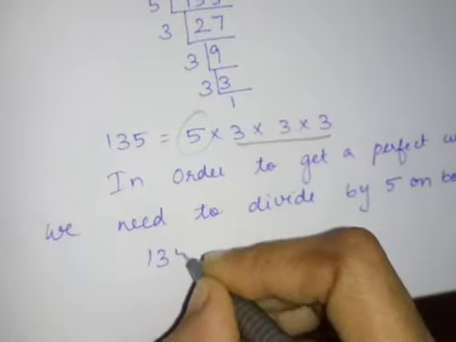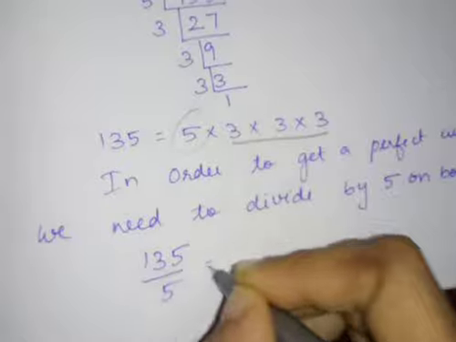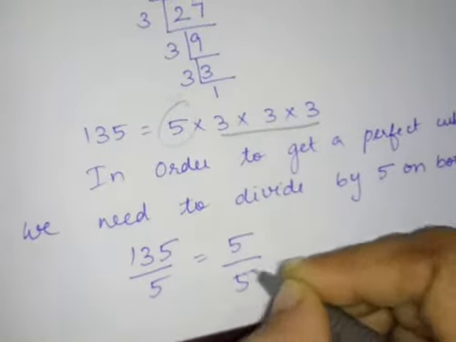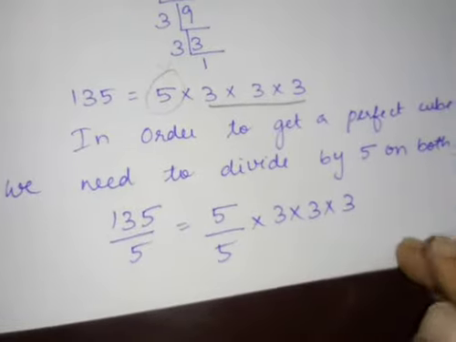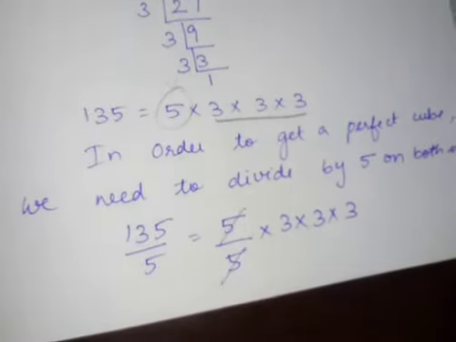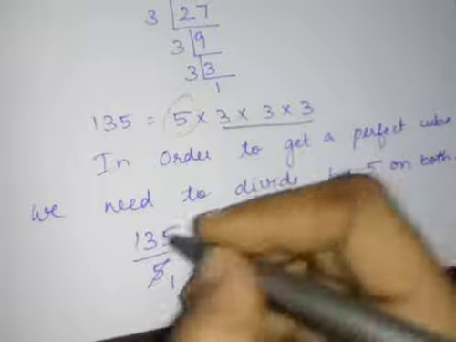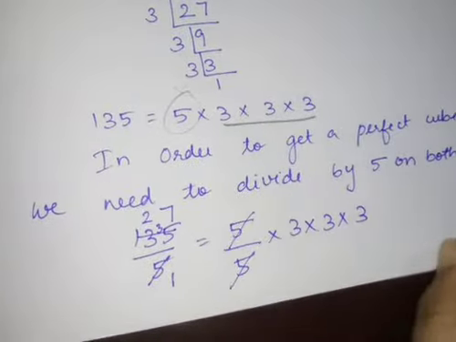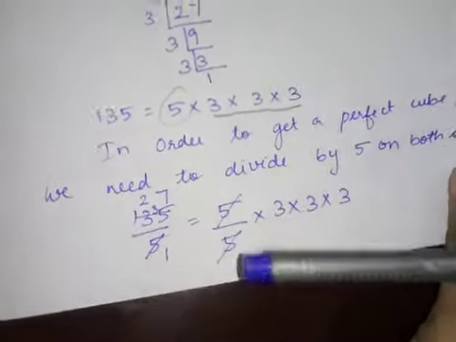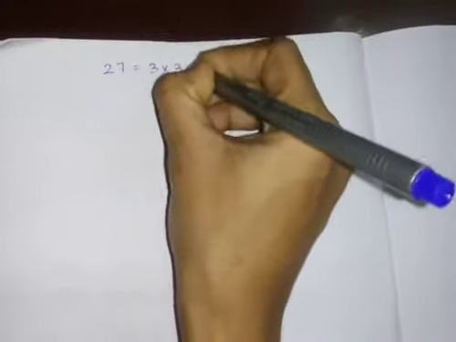So 135 divided by 5 is equal to 5 divided by 5 into 3 into 3 into 3. Correct? Now this 5 and this 5 will get cancelled. Now we can cancel this. 5 1s are 5, 5 2s are 10, remainder 3, 5 7s are 35. So what is the answer? 27 is equal to 3 into 3 into 3.